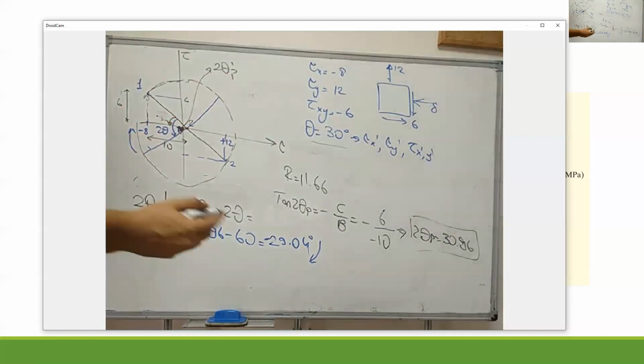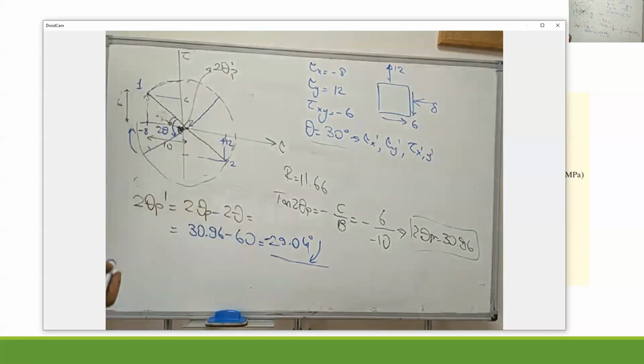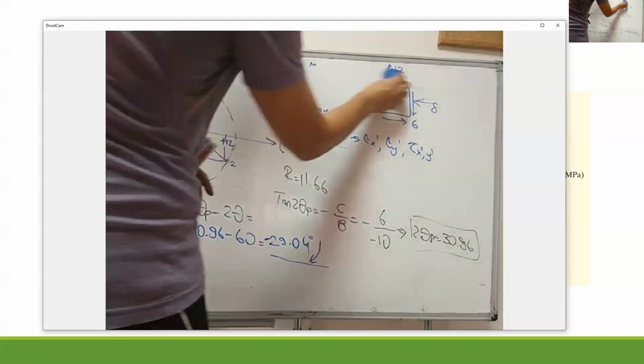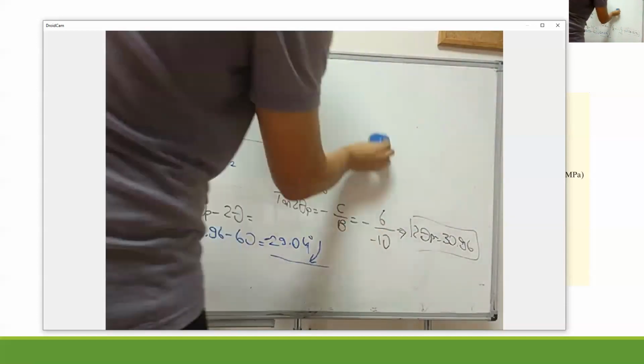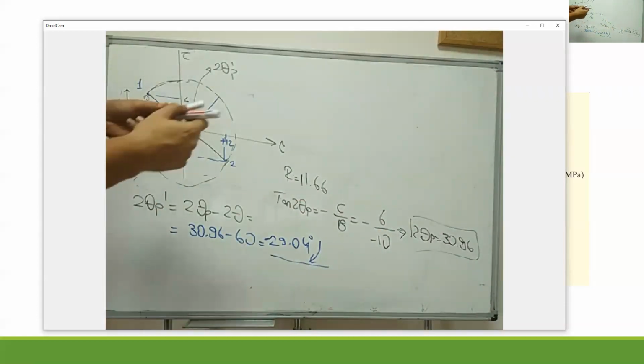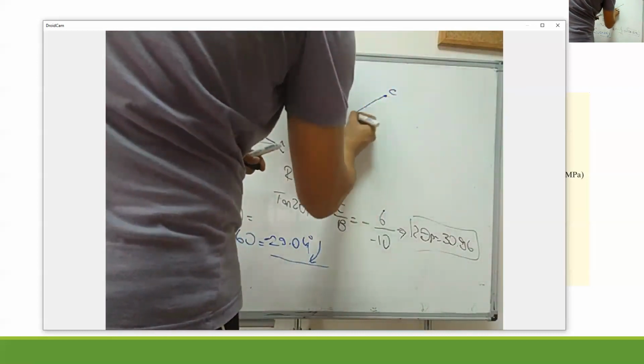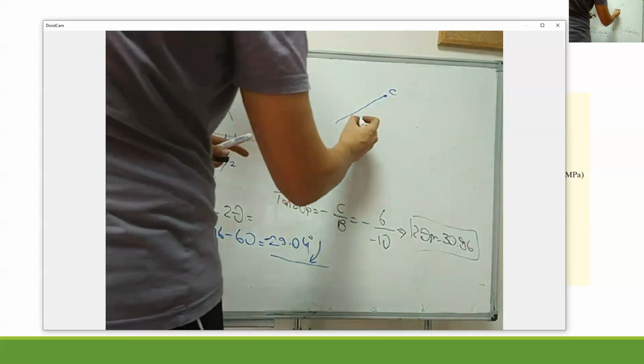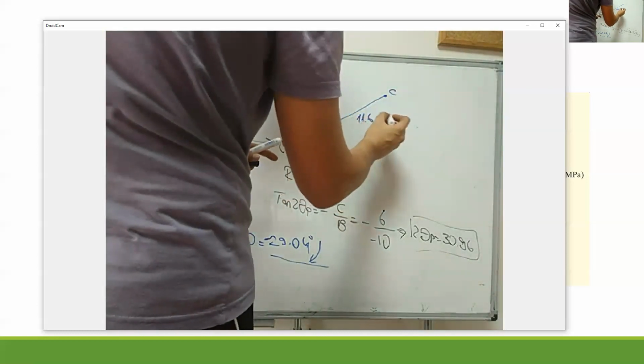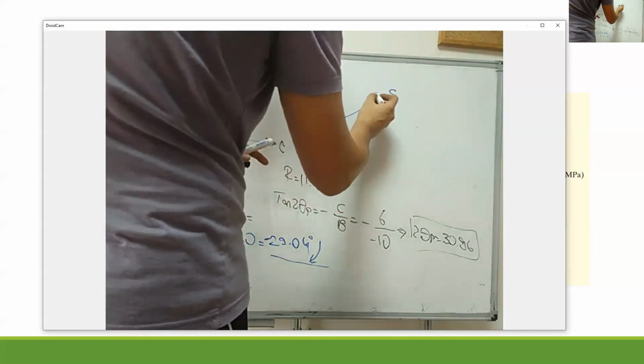So now I can find the values. Maybe I can clean up and focus on the shape. Okay, this is the center. You know this length is r, 11.66.